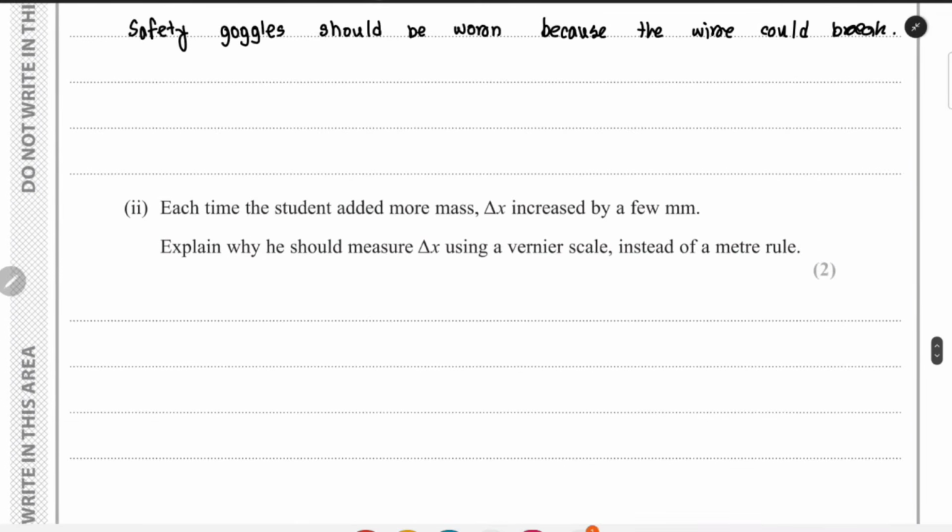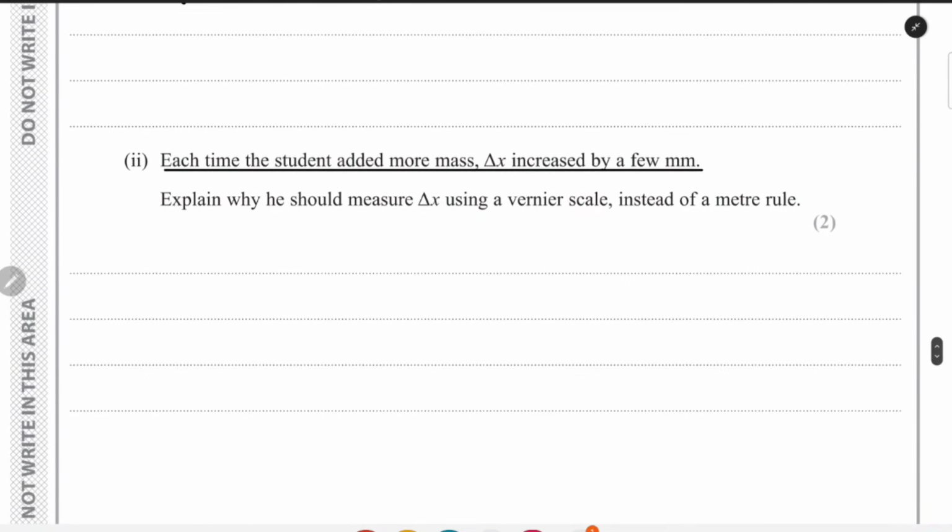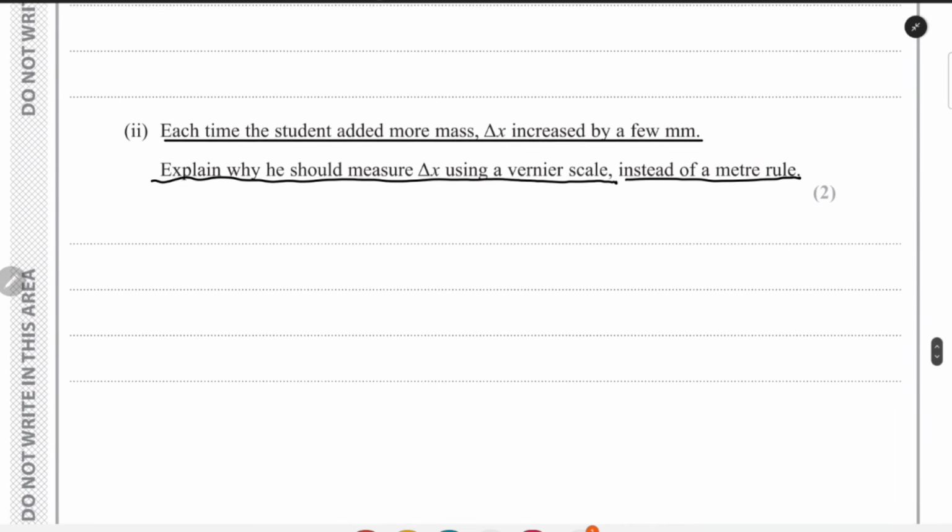Now we are asked that each time the student added more mass, del X was increased by a few millimeters. We have to explain why he should measure del X using a vernier scale instead of a meter rule. We have to answer this with respect to the percentage uncertainty. We know that the vernier scale has a better resolution.